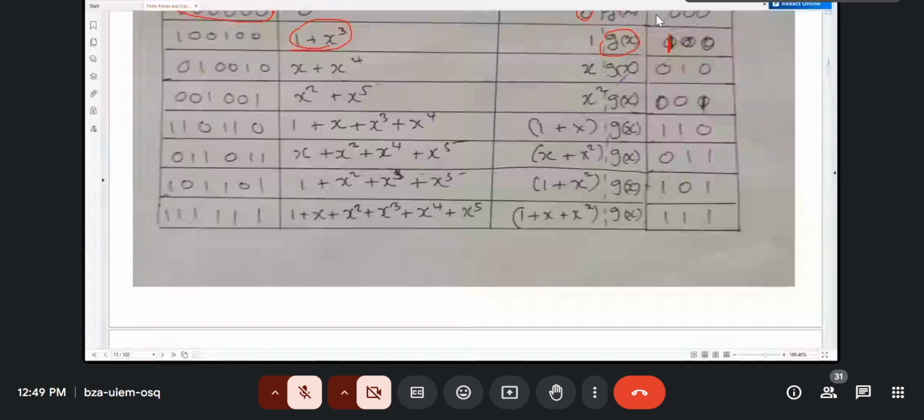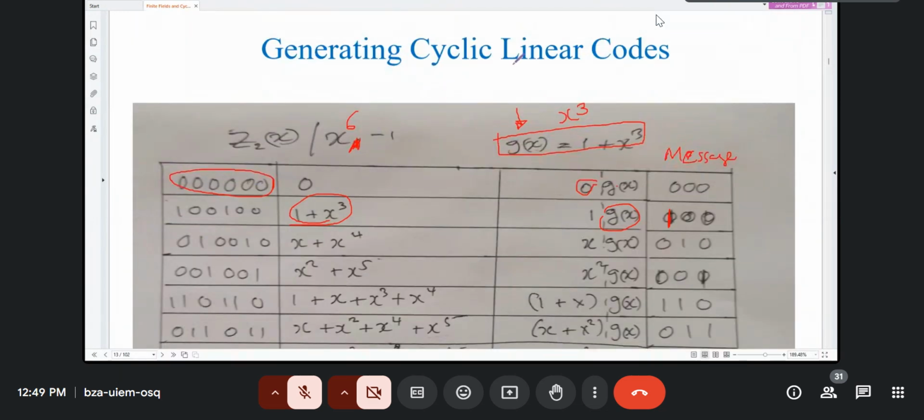So we're adding this one and this one. This one, we are adding gx and x to the power of 2 gx. So we're adding this one and this one. And the last one, we're adding all of them to get this code word. So there's a linear, a cyclic, and a linear code word.